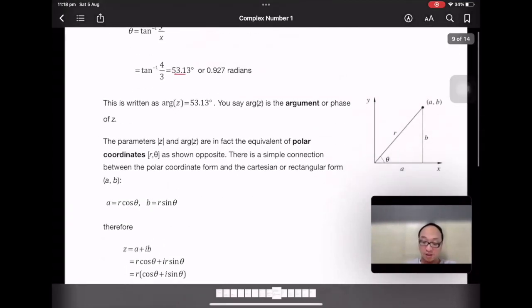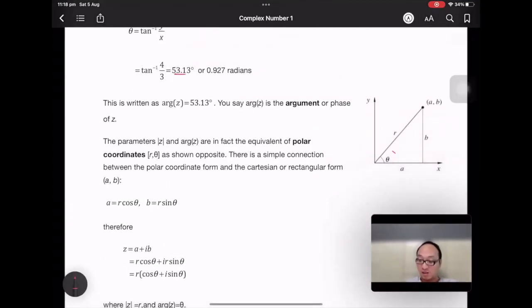So like this, theta is the inverse tangent of b over a. So this is the polar coordinates. So we express z from x plus iy into r and theta. r is the modulus, theta is the argument.